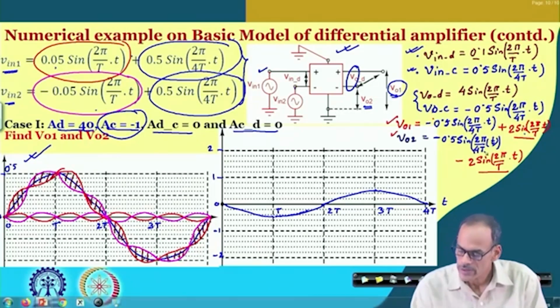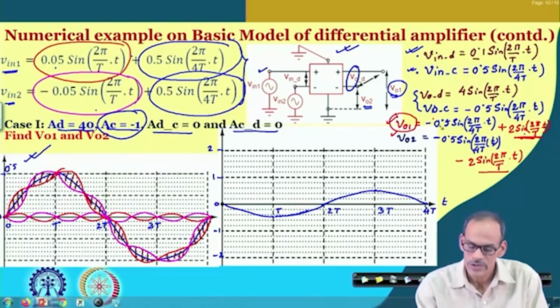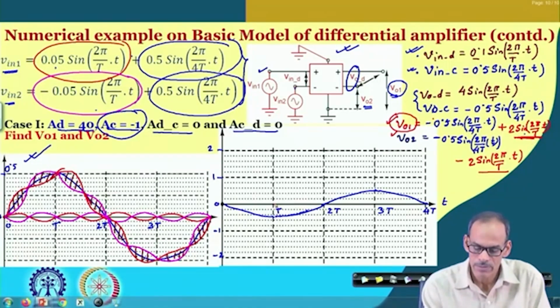If I plot the first output, I have to consider this signal riding over this common mode signal, and its time period is T.